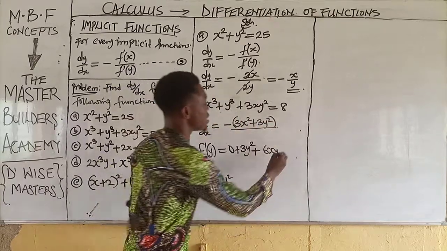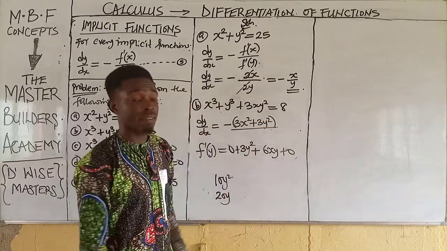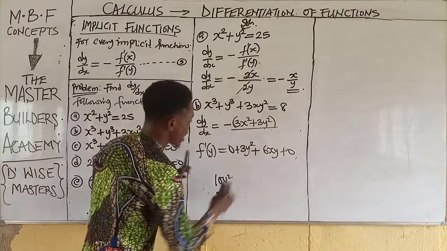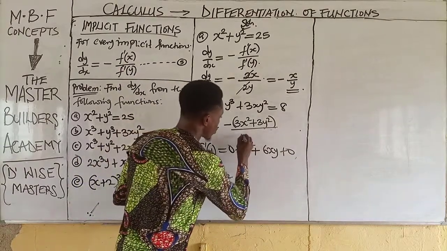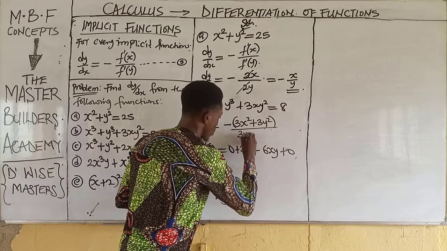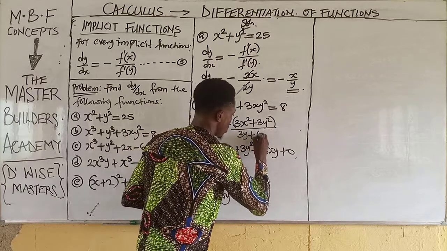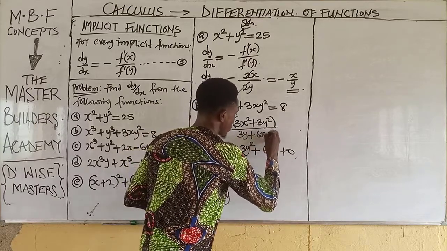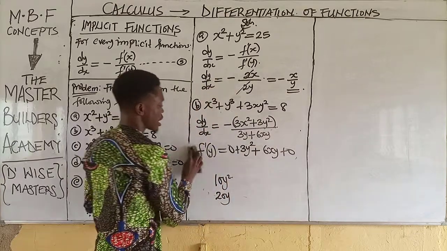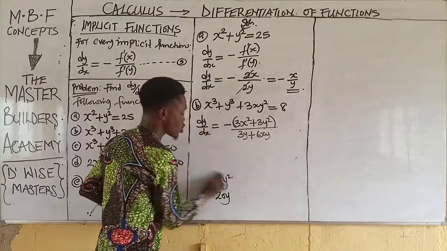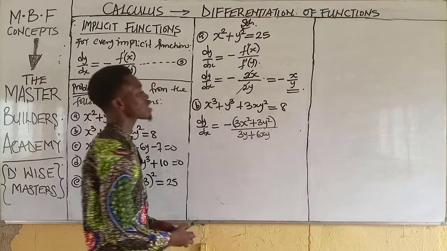Then for the last one, when I differentiate 8, I have 0, being a constant. So what do I have here now? At this point, the denominator would have given us 3y squared plus 6xy. Simple as this. I would have stopped here because I've gotten my answer.